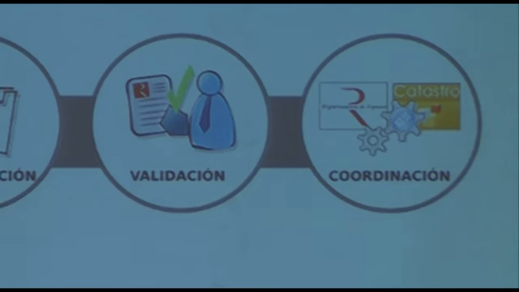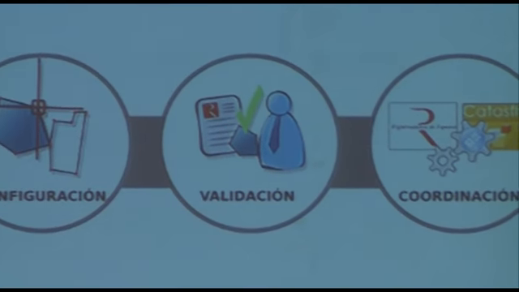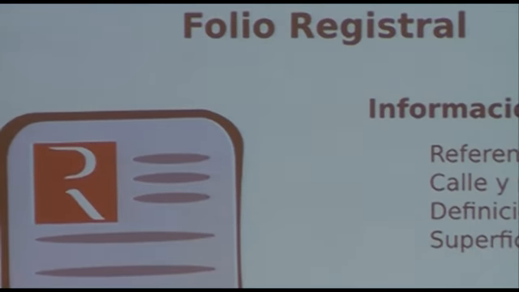First of all, location of the property in the territory, then graphic basis configuration. Next, the registrar proceeds to validate the property in the system, and lastly, all data are coordinated between the poll tax office and the cadastre office.